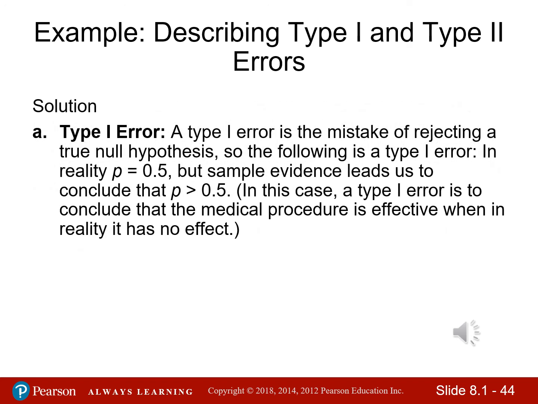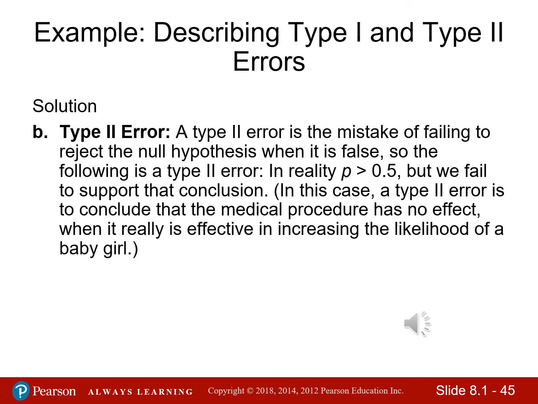A type 1 error is the mistake of rejecting a true null hypothesis. So the following is a type 1 error. In reality, p equals 0.5, but the sample evidence leads us to conclude that p is greater than 0.5. In this case, a type 1 error is to conclude that the medical procedure is effective when in reality it has no effect.